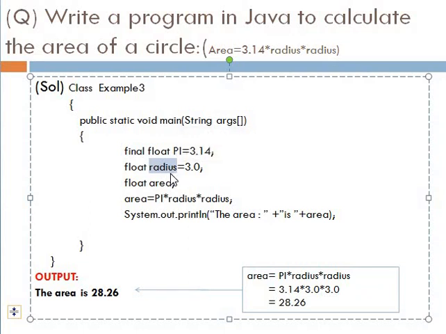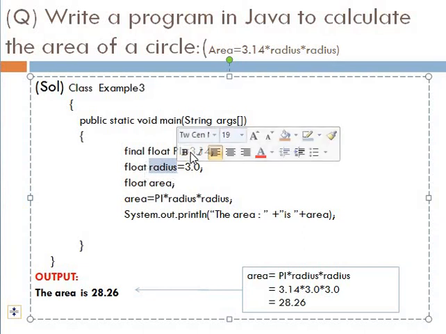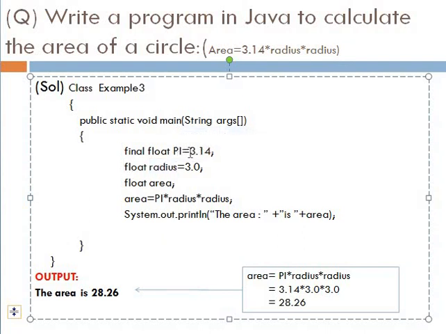Since the value assigned is 3.0, a fractional value consisting of a decimal part, the data type declared for this variable radius is float. In a similar way, the value 3.14 is a fractional value, so the data type declared for this constant pi is also float.